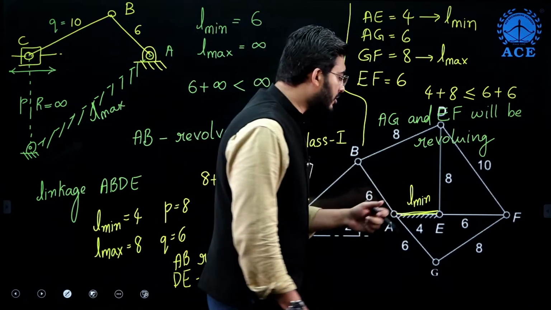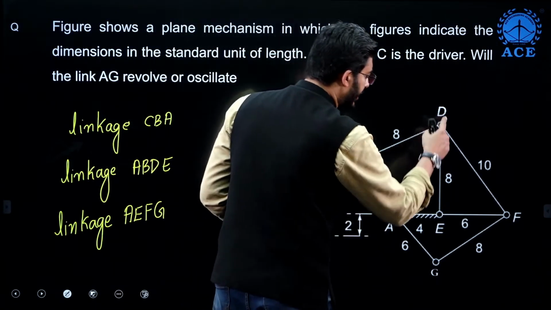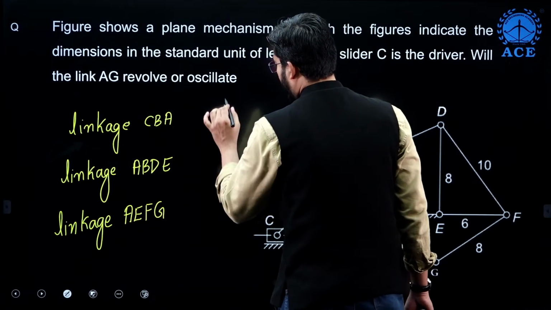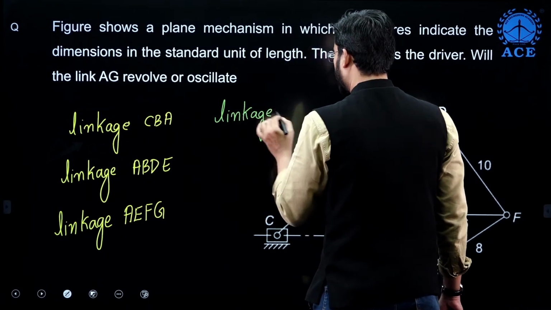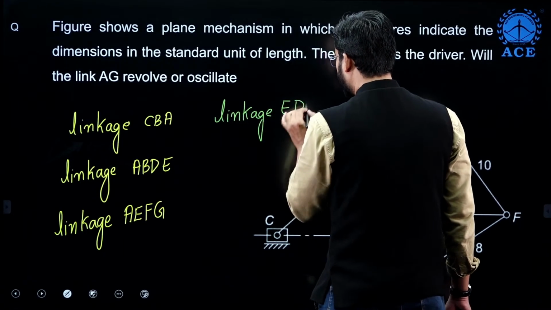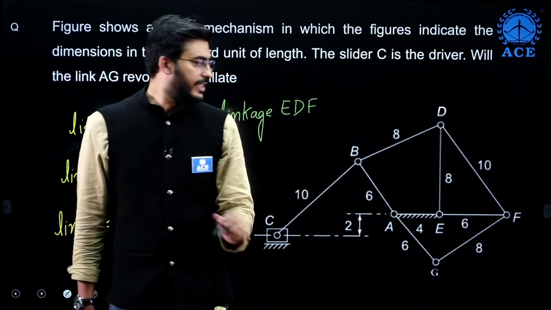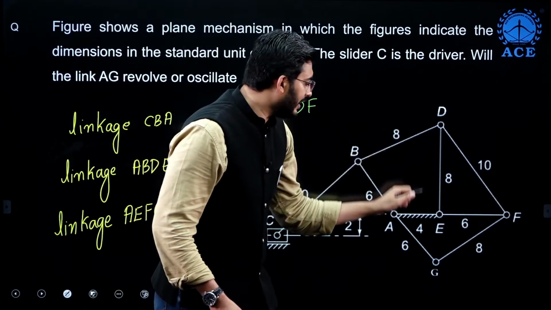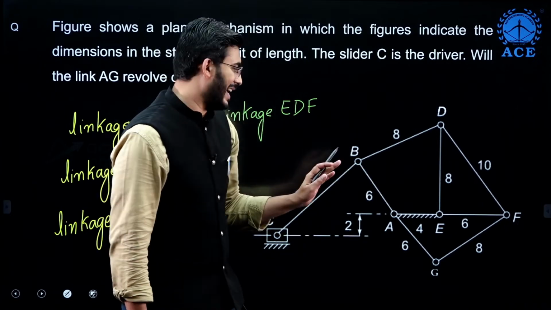Now, I have missed one more linkage, I guess. Many of you are having a question that I did not consider E, D and F. Here we are able to see three links connected by three revolute joints. Actually, this E, D and F will form a structure. It's not a mechanism.